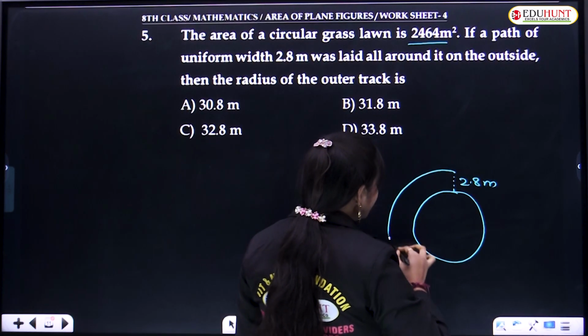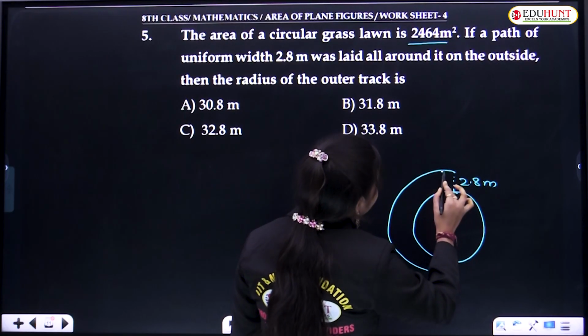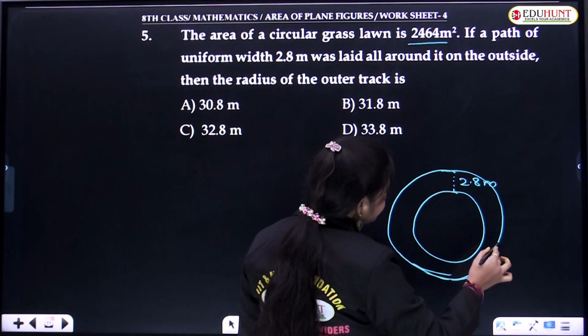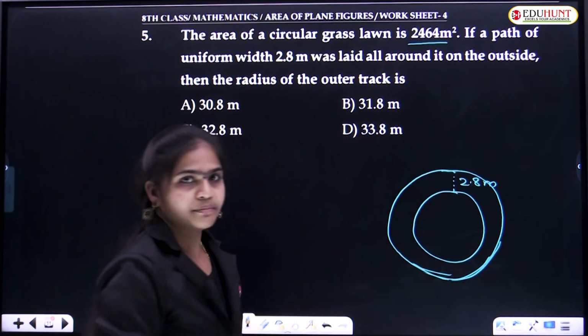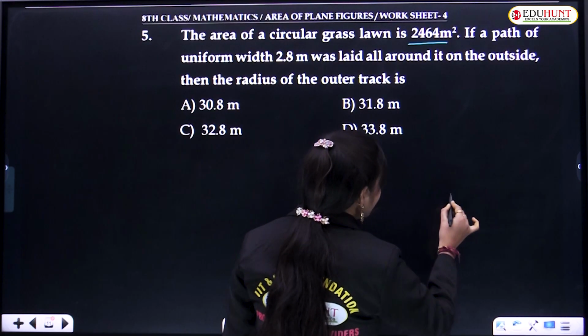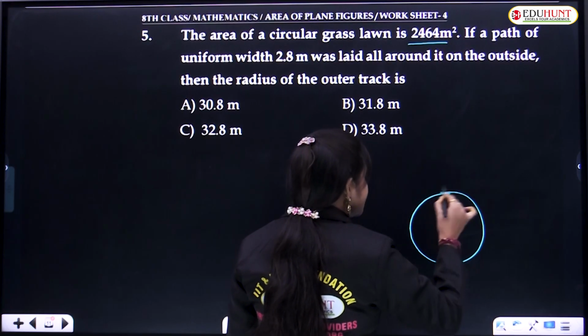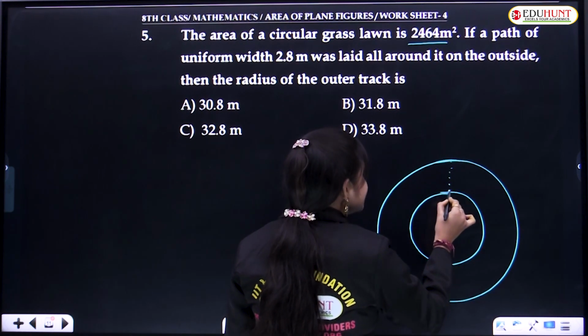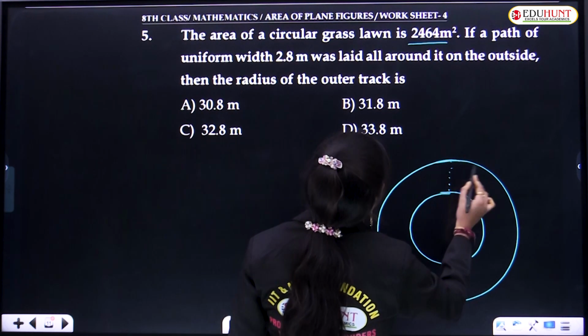Finally, this is the diagram with uniform width. Outside they gave. Now here see that, this is the circular grassland and this is the outer path and its width they gave as 2.8.